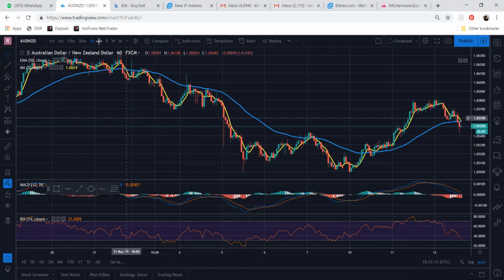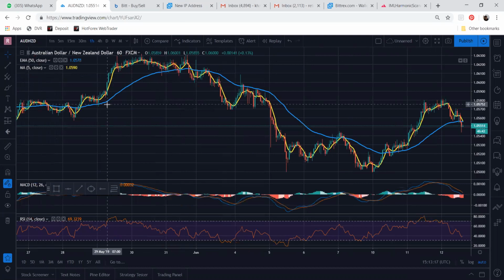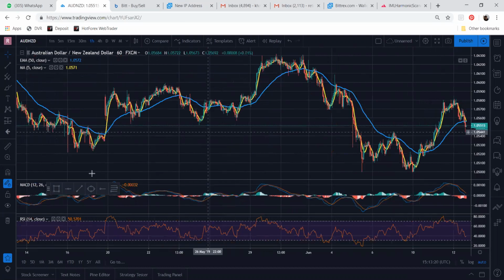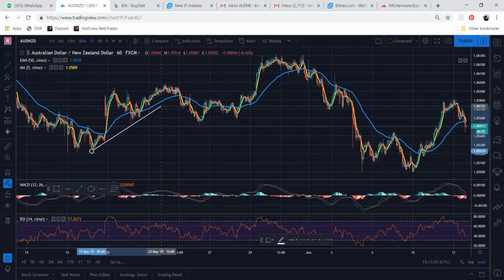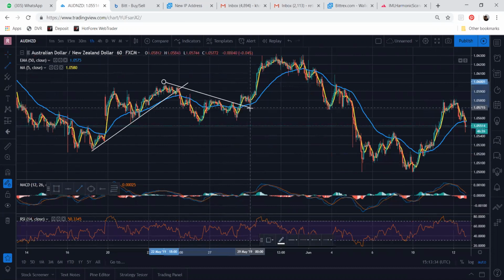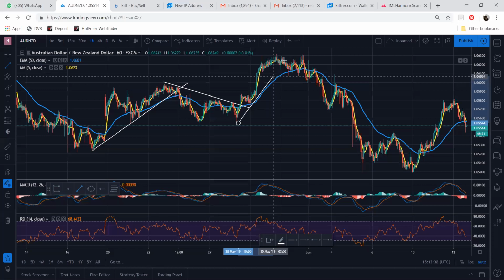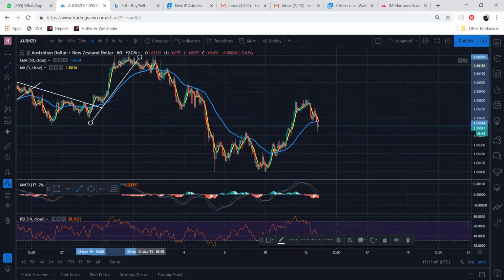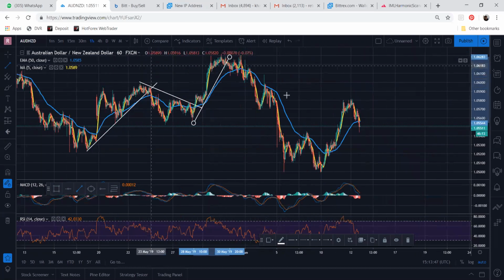You already know how to identify a trend, so start to draw the trends. Up trends, you do it from the bottom. Down trends, do it from the top. That's it. Just implement it.